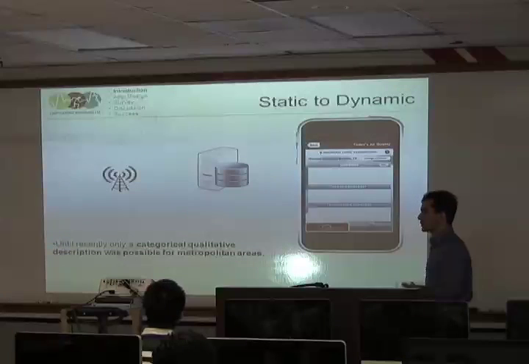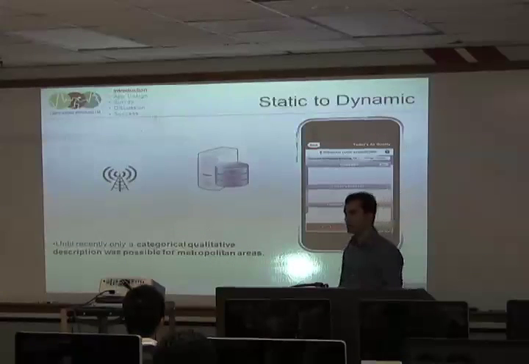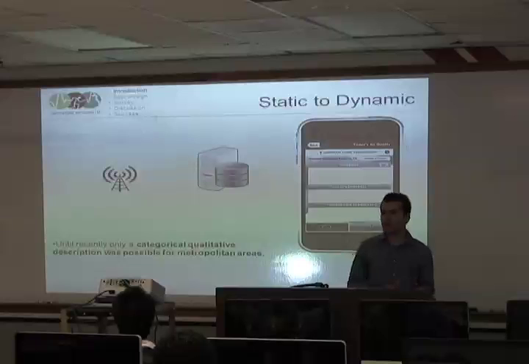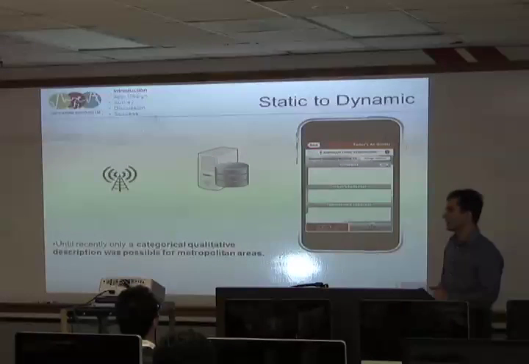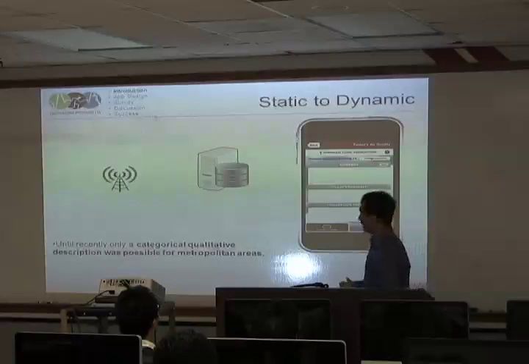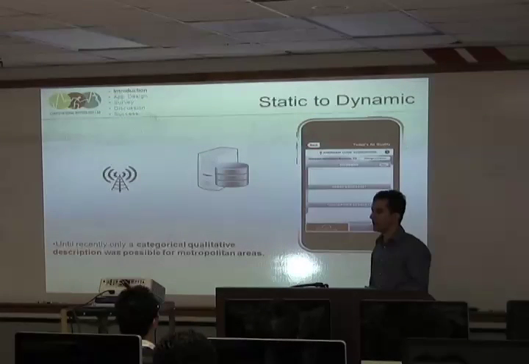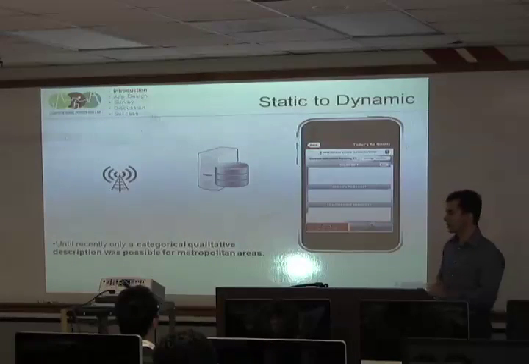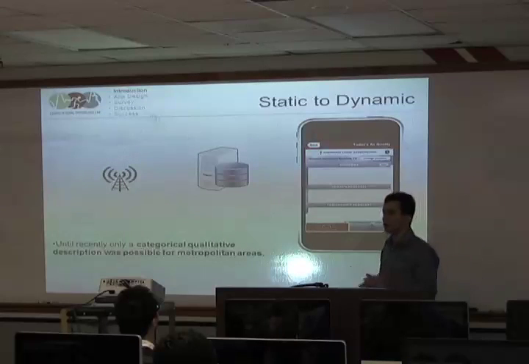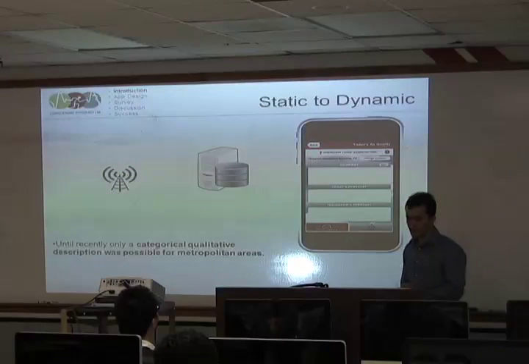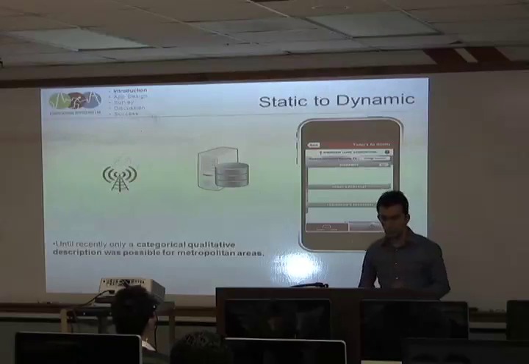Up to now, ozone prediction is static, and we have had very gross ozone prediction information. The very well-known Weather Channel app predicts ozone for all day, for the entire 24 hours. Let's see what ozone is today.